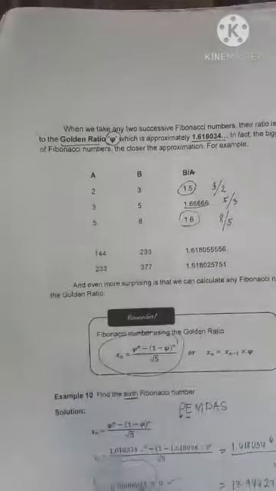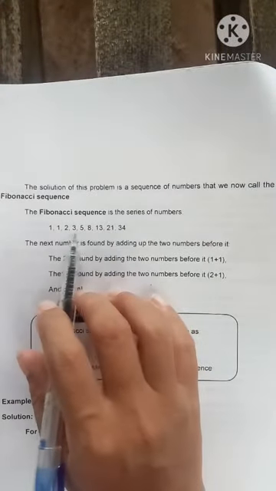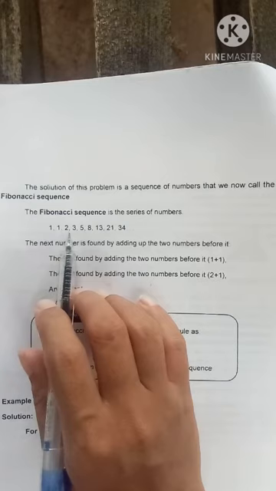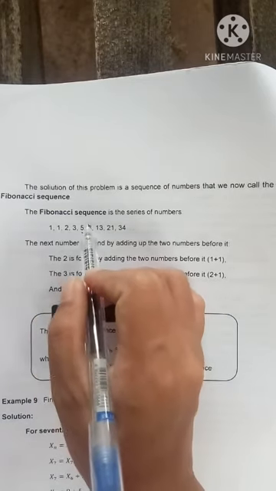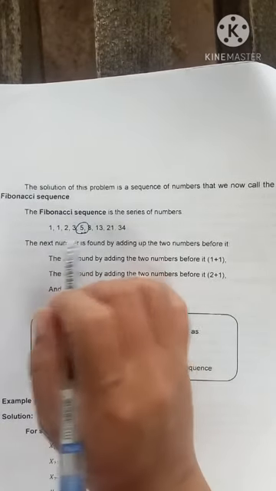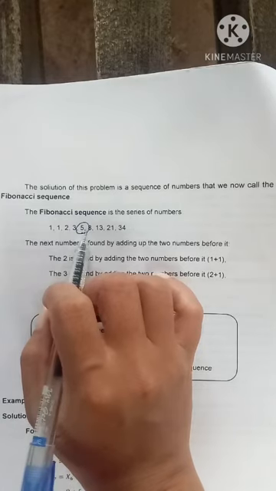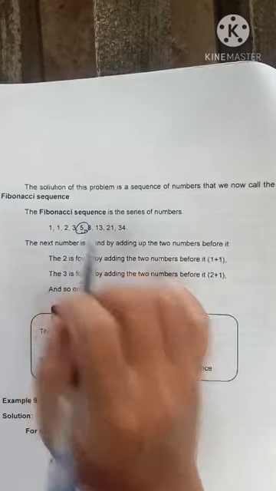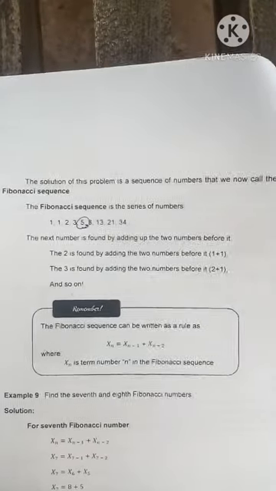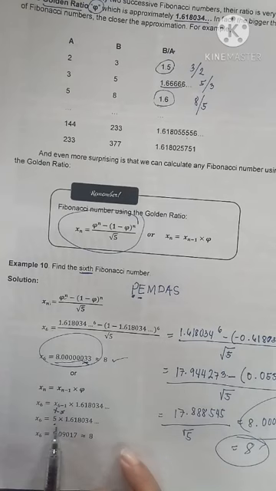This is from the sequence or the series of Fibonacci numbers that we have from earlier. 1, 2, 3, 4, 5. This one. Okay, the fifth number in the series, x of 5, we have 5 as its value.